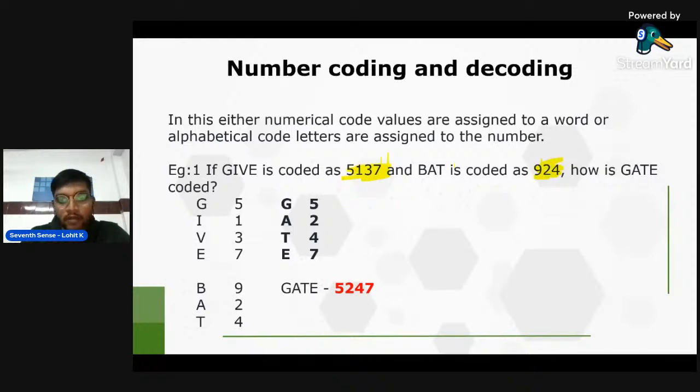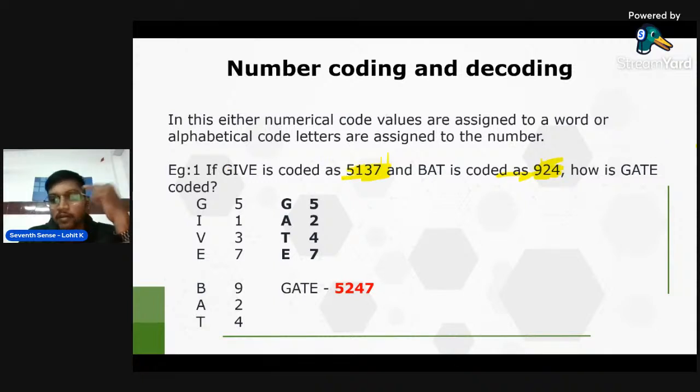All are different numbers and all are different letters. So you can easily represent 9 as B, A as 2, T as 4, because they haven't used any similar letters. If they had, you would have to check some kind of pattern. But this time it is easy because G is represented as 5.